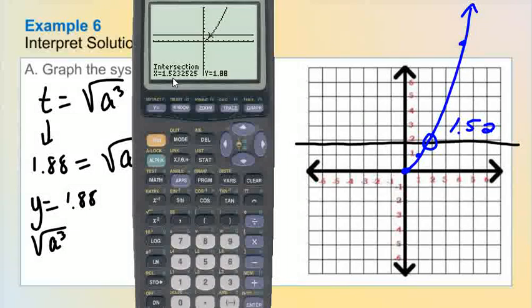That would be our x, and our y would be at 2. So is that a viable solution? The solution is viable because the graphs of the function appear to intersect at that point.